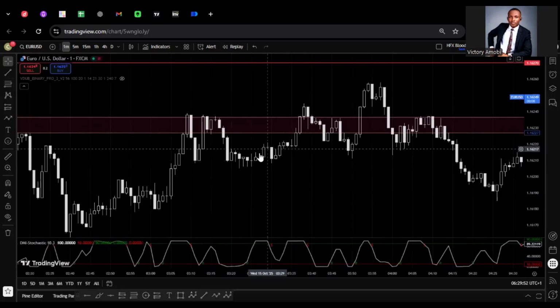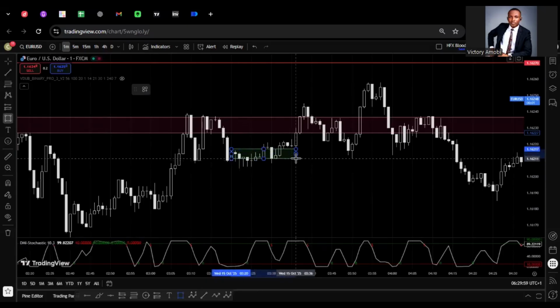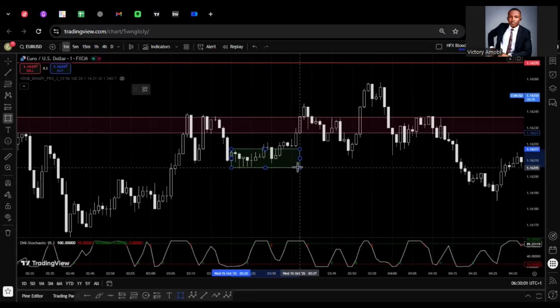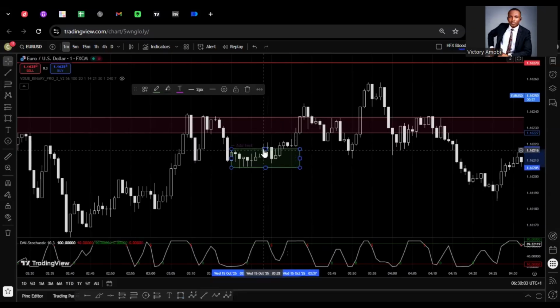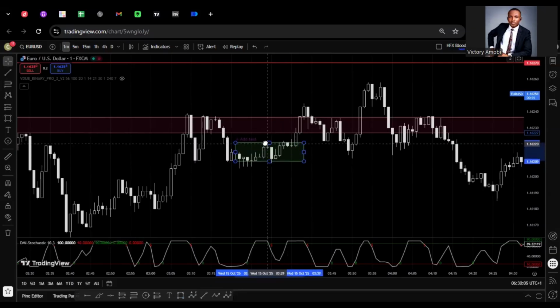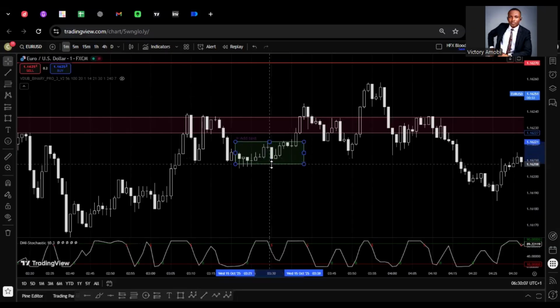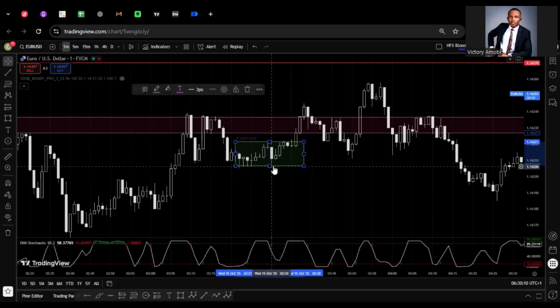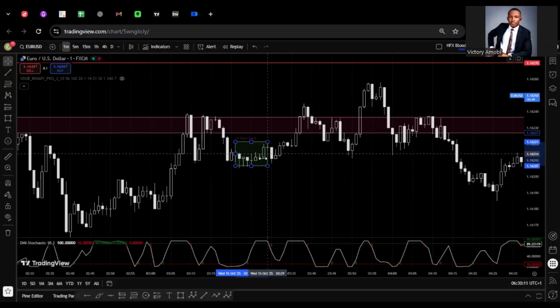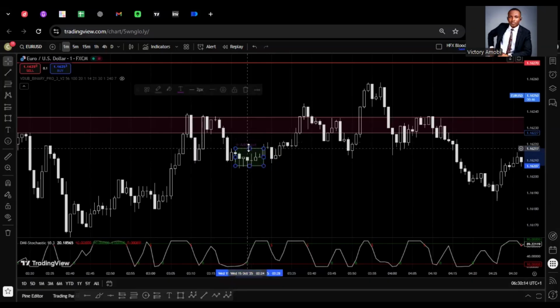The best thing you can do in a market like this is to trap the zone until you see a clear breakout. Assuming this is where the market was when you are doing the analysis.